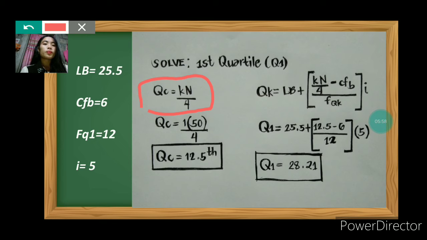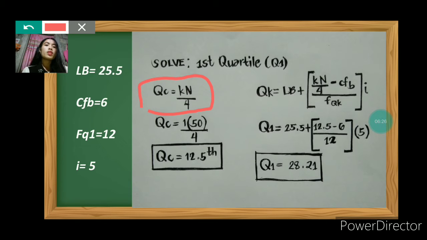So we will now substitute. Q sub c is equal to k, and our k here is 1 because we are going to solve the first quartile. And our 50, as I said a while ago, is the total of our frequency. So we have 50 over 4 because it's a quartile, that's why we use 4.